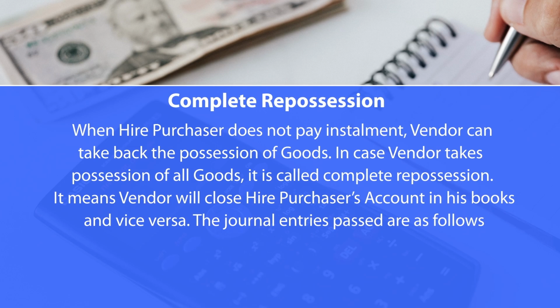In case the vendor takes possession of all goods, it means when he completely takes the goods back, it is called complete repossession. It means the vendor will close the hire purchaser's account in his books, because he has decided to take the entire goods back. The journal entries passed are as follows.